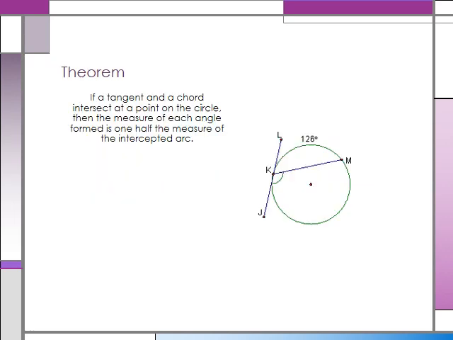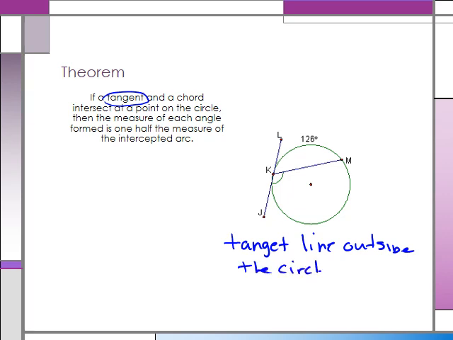All right, so now we have a theorem about tangents. Okay, so what is a tangent? A tangent is just a line outside of the circle that intersects the circle in one point. To be more formal, it's a line outside the circle that intersects it in one point.